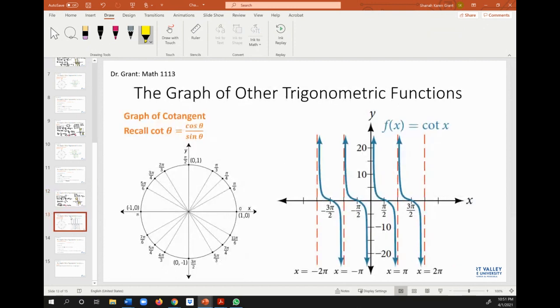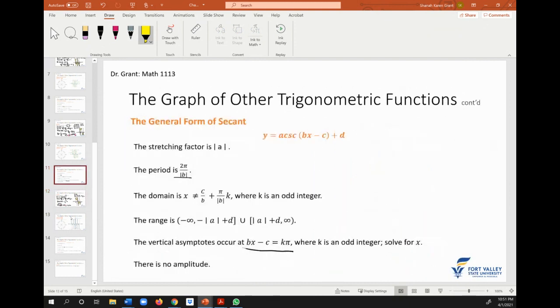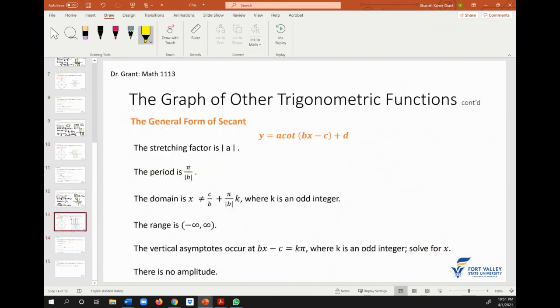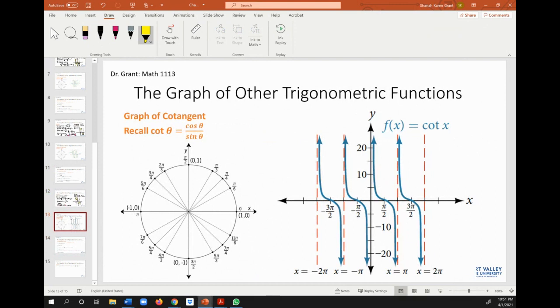The last graph we're going to look at is the graph of cotangent. And the graph of cotangent, just like the graph of cosecant, the denominator is sine. I'm sorry, not tan, I said it correctly.